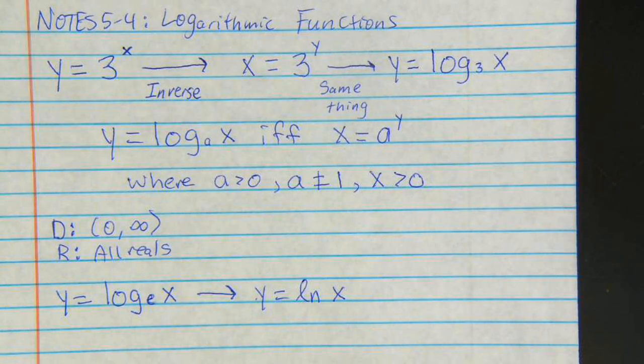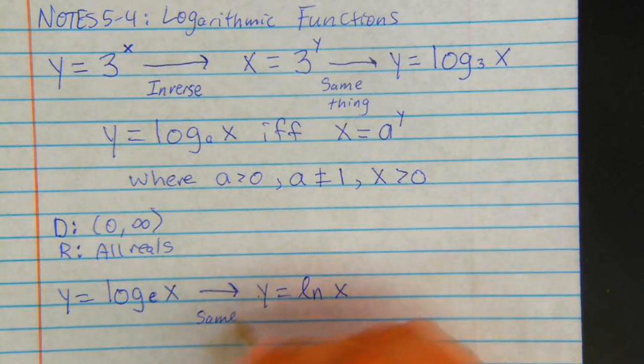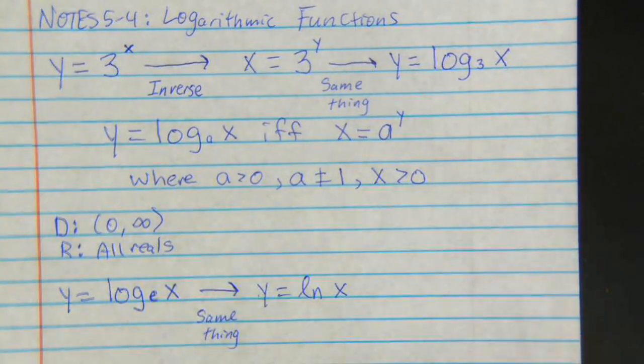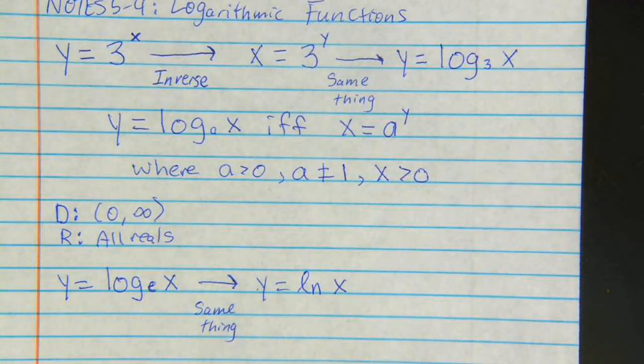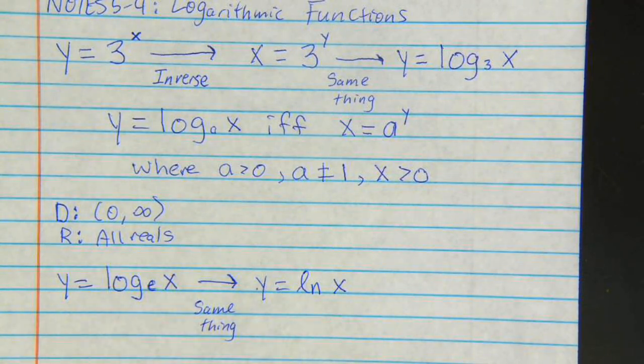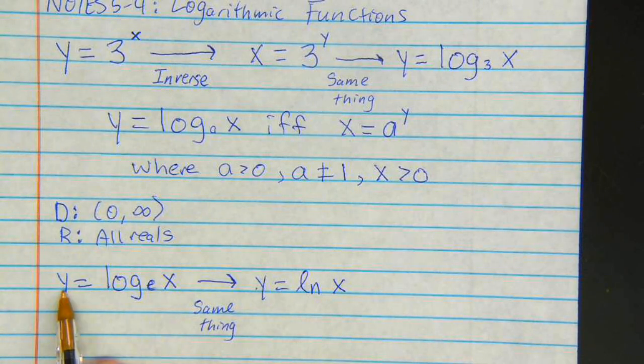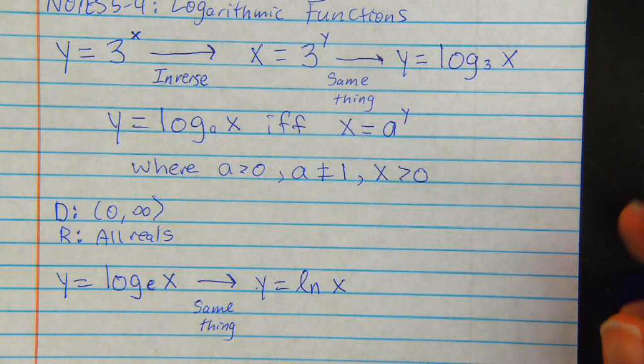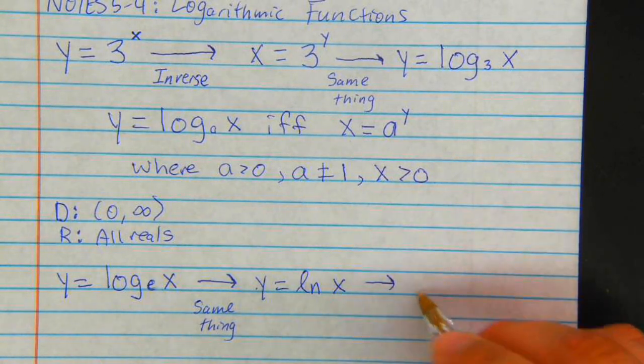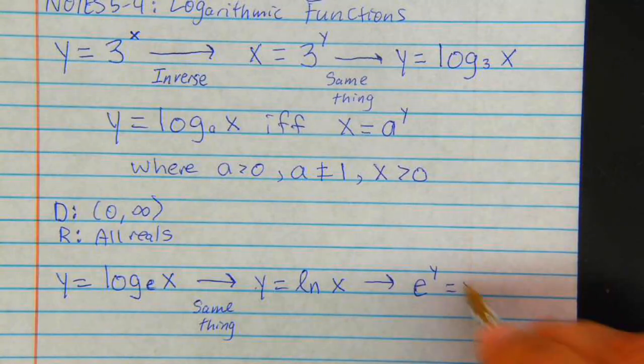So ln is the log with base e. These mean the same thing. So if you see y equals ln x, and it helps you more to write this out so you understand it, that it's really e to the y equals x, then you can do that. Okay, so I guess I could write that. E to the y equals x.